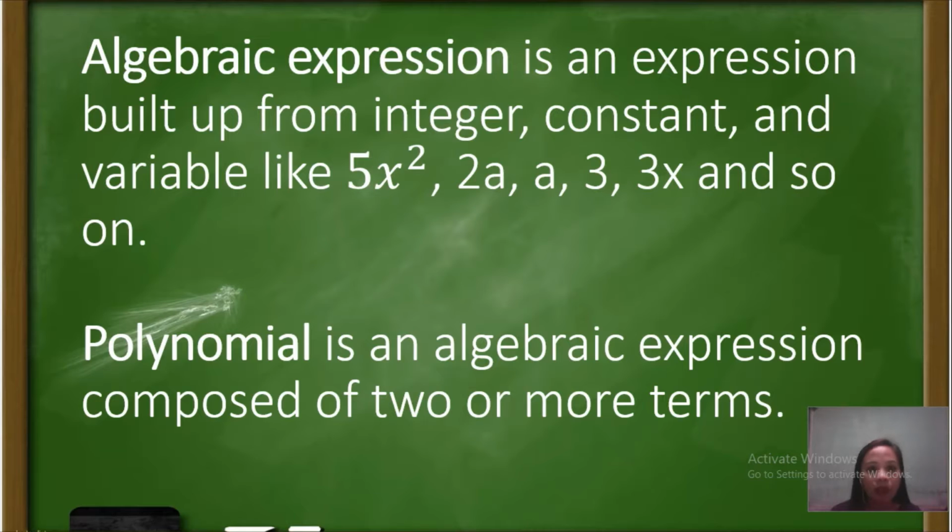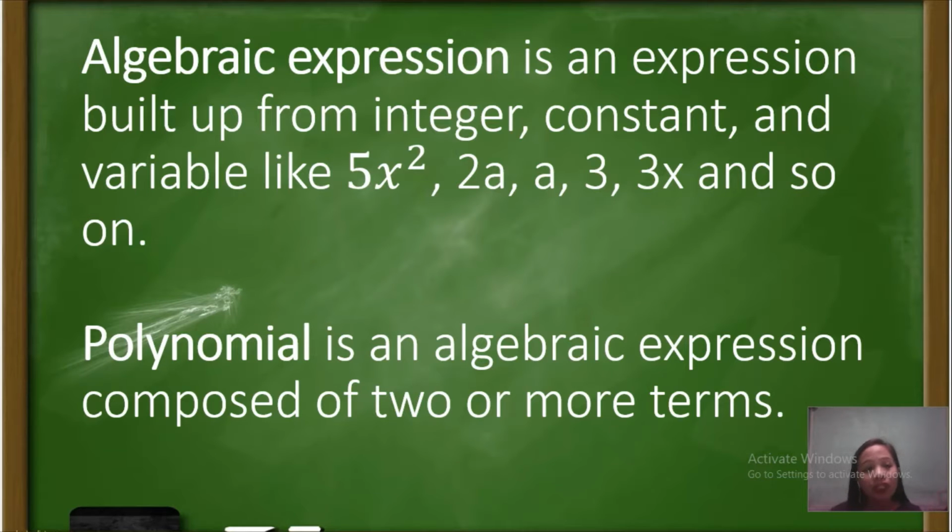The term 5x squared has a constant, that is 5, and it has a variable, that is x, and a power that is 2, or squared. Another example is 2a. It has a variable and a constant. We also have 3x. That is an example of an algebraic expression.